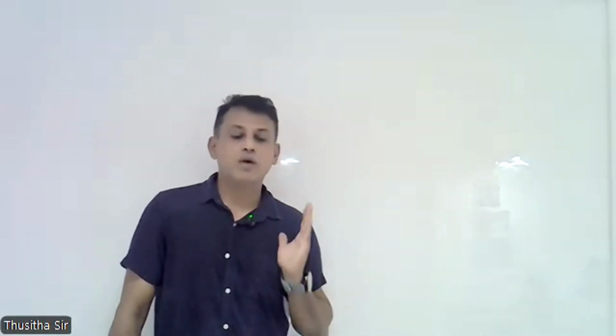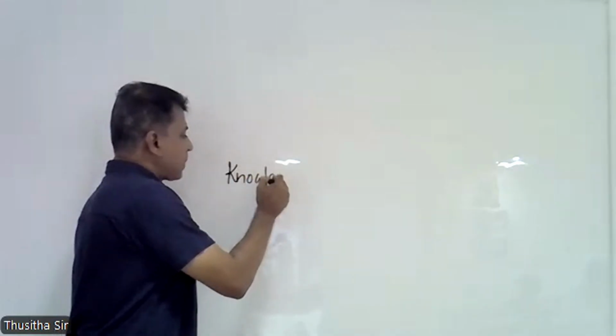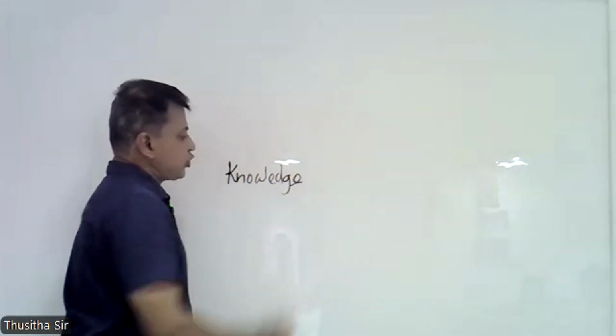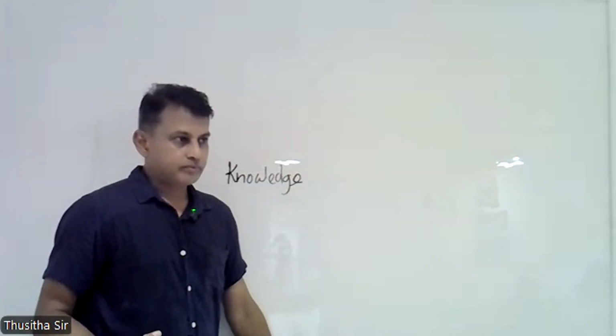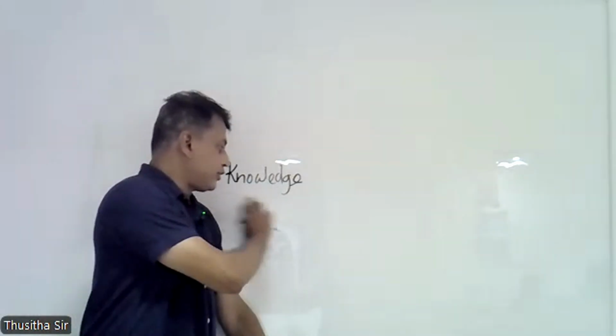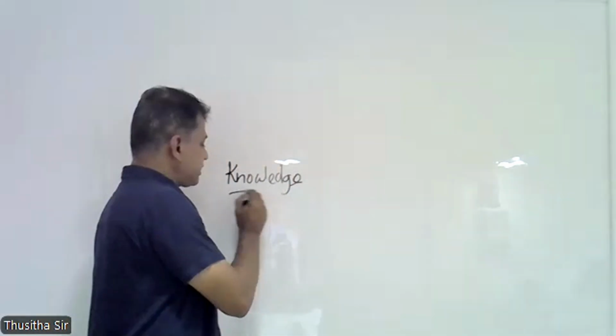In my class, any student who comes is going to learn a few things. Number one, you're going to gain knowledge, so you're going to improve your knowledge. What is knowledge?